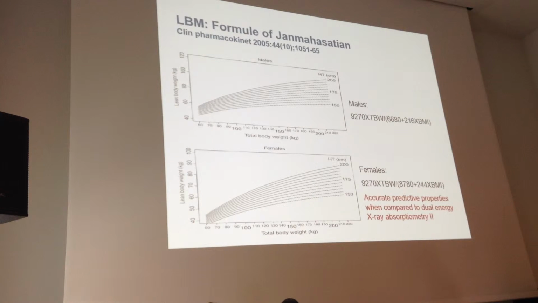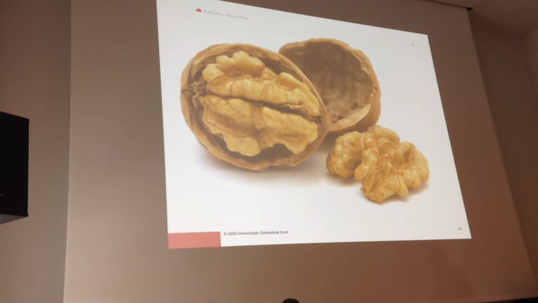Lean body mass equations, the most frequently used one is the James equation, and mathematically there is a flaw in that equation. And it was Mr. Jan Mahasatian who introduced this formula, and this formula is really based on morbidly obese patients using a dual energy X-ray absorptiometry. These formulas are much better than the old James equation.